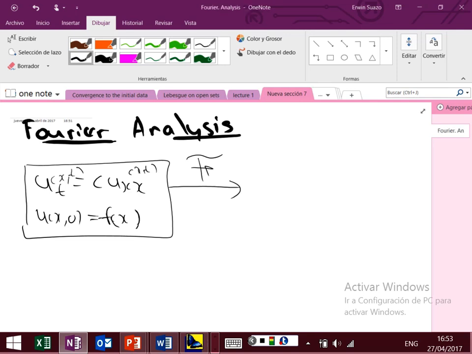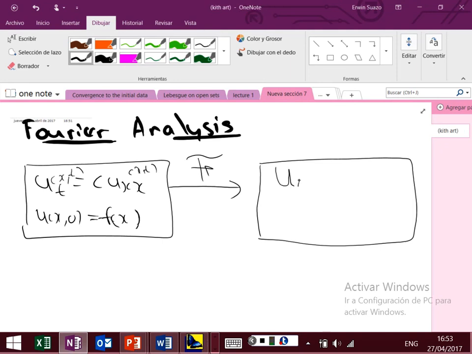So you take the transform, and you get capital U_t equals minus c chi squared U. I'm going to explain the whole process. This is like the summary of the whole thing we're going to do, and we'll see.